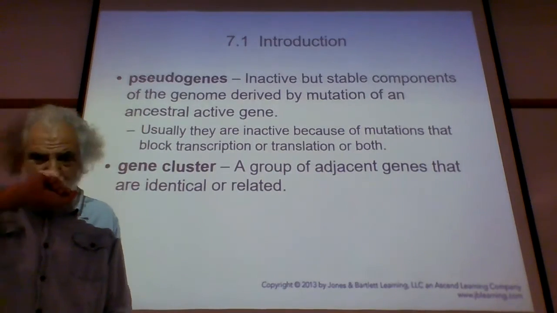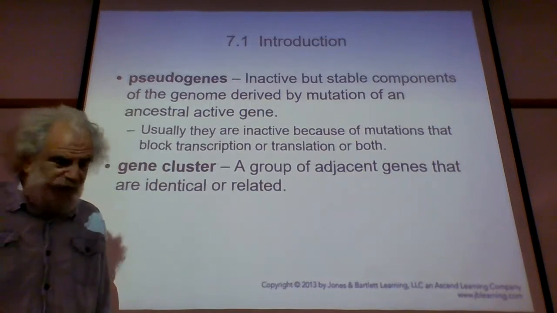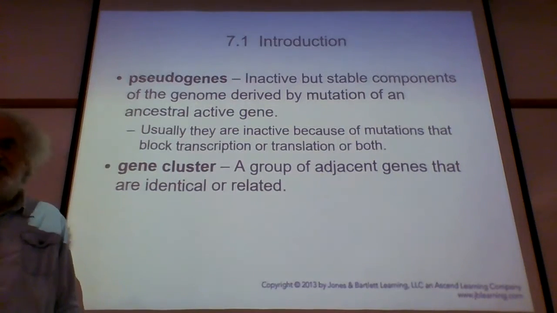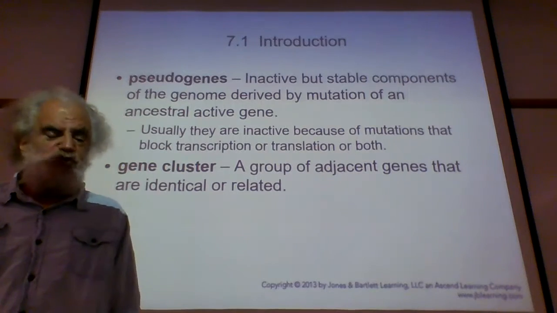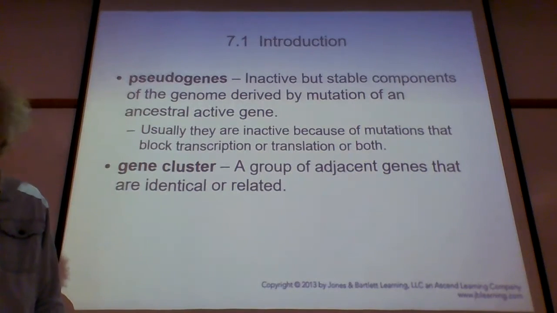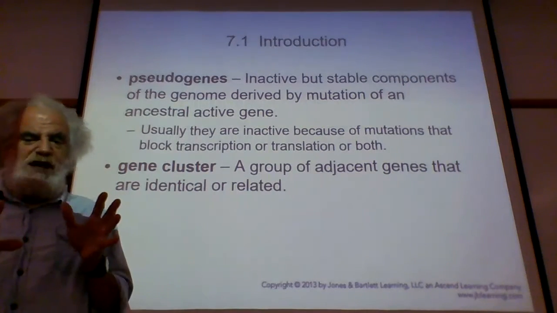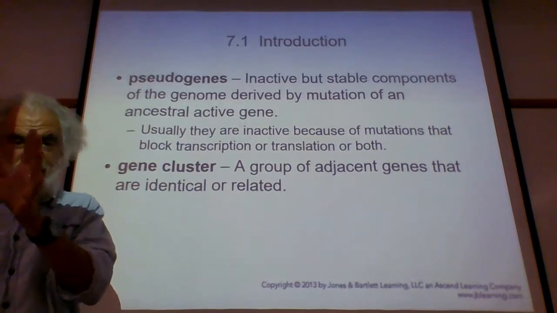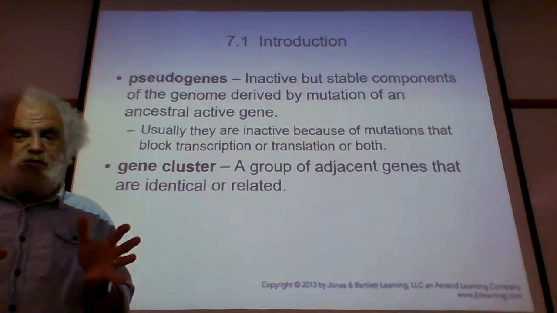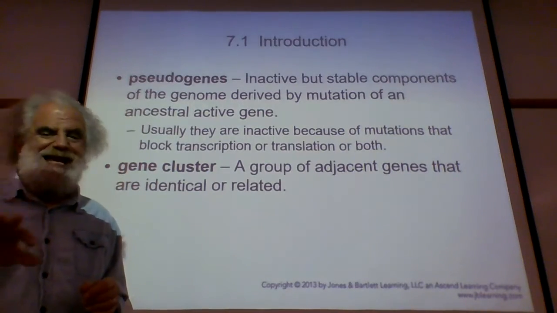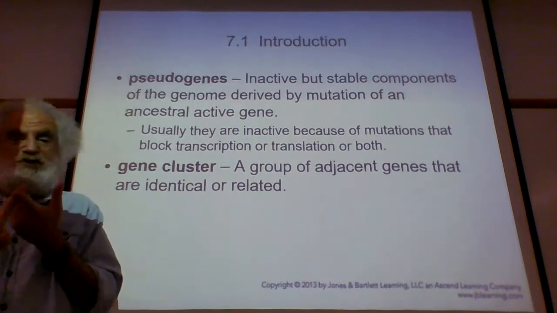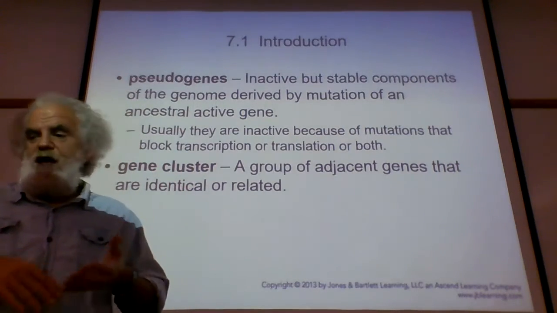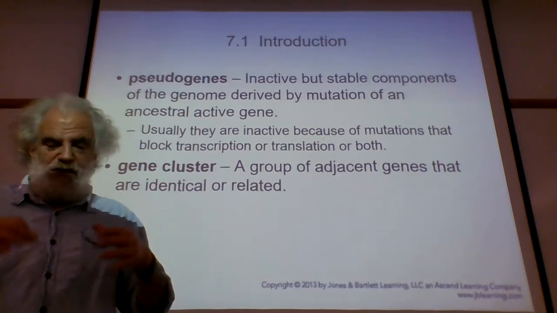Another idea that's found in the genome is what's called a pseudogene. Pseudogenes are genes that you can have a very clear homology with, but they are typically inactive. They will have a stop codon very close to the front end. They'll have a splice junction mutation.